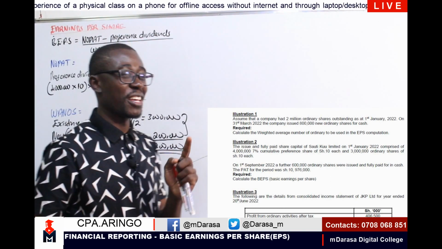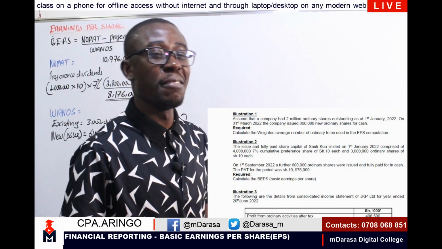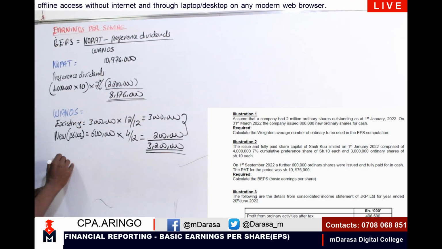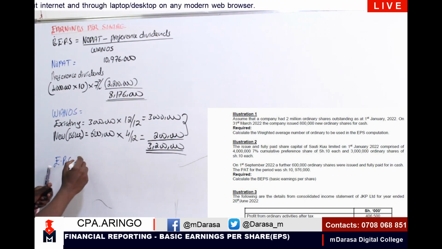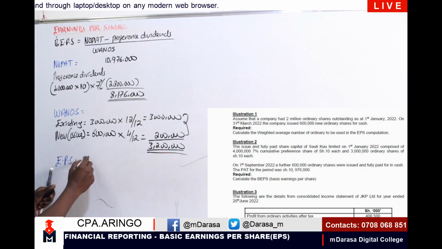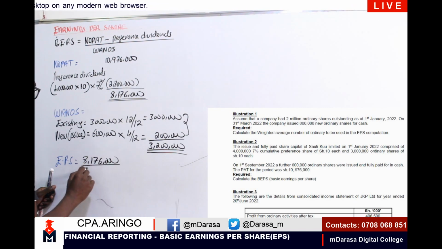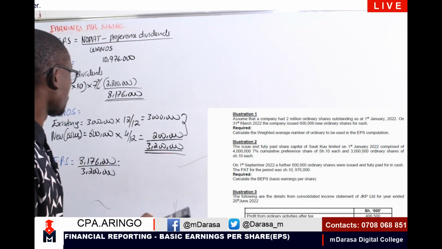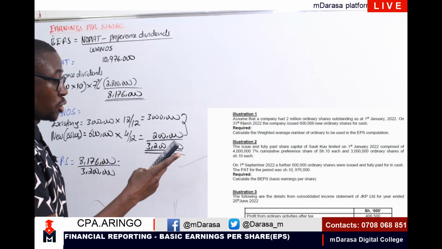So now, once we have these two components, my good students, can we determine our EPS? Of course, we can now determine our EPS very confidently. I'll have our NOPAT minus preference dividends, which we've determined to be 8,176,000, divided by our NOS, which is 3.2 million.